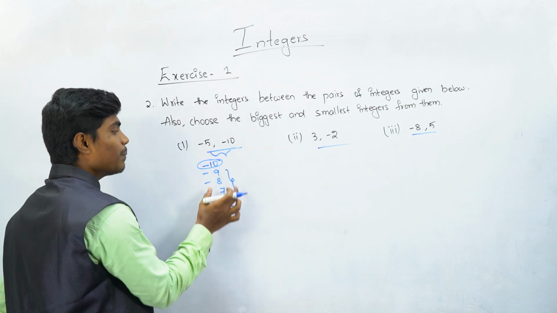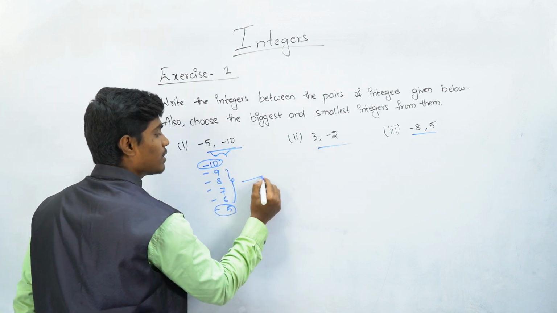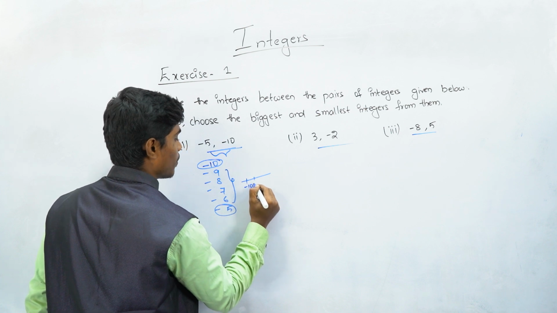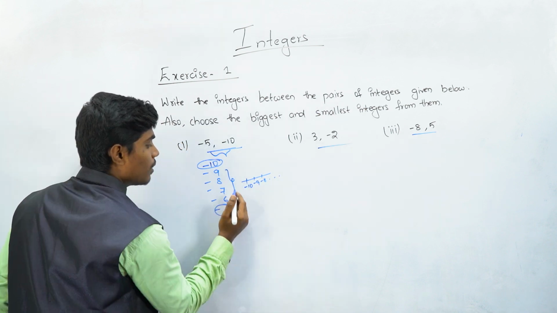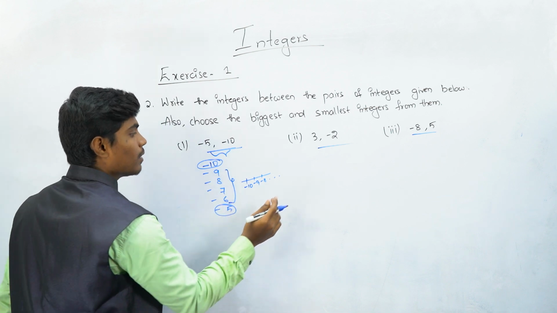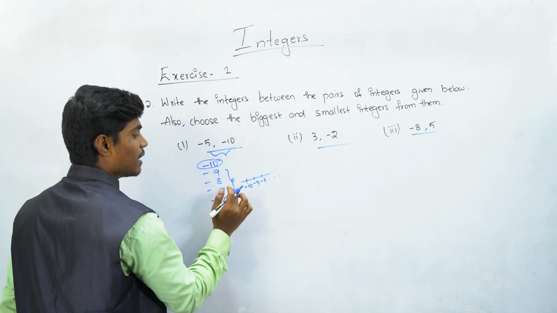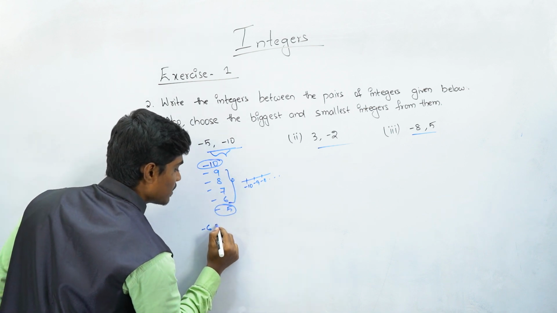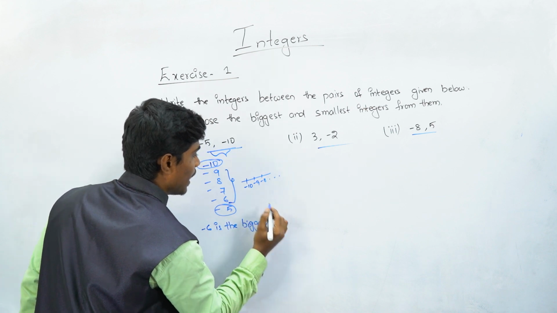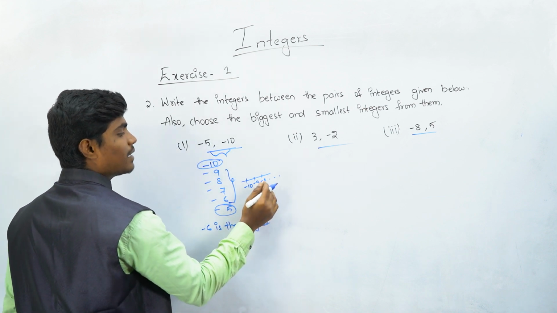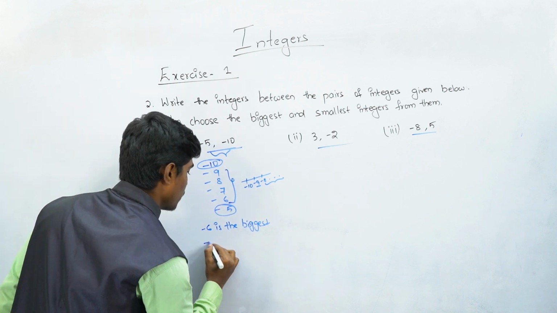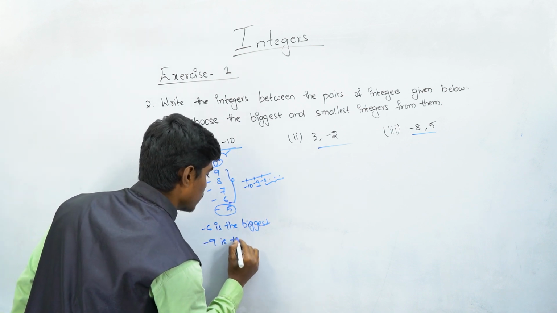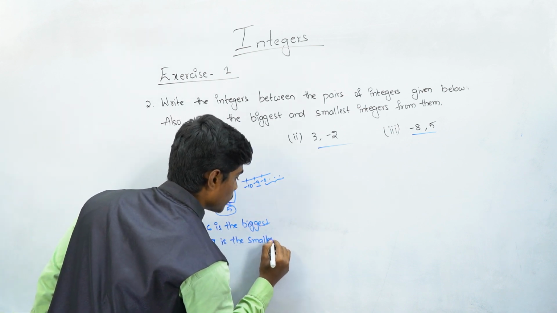If we represent this on a number line, we start from -10, -9, -8 and so on. Here -6 lies on the right of each number, so -6 is the biggest, and -9 is on the left side of the remaining integers, so -9 is the smallest.